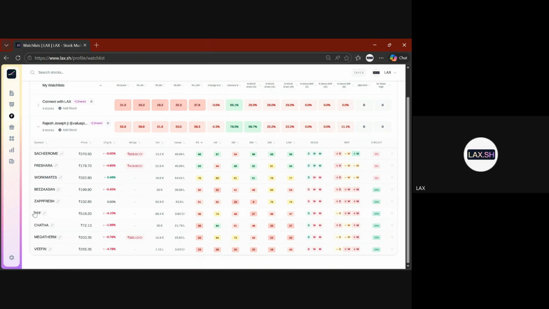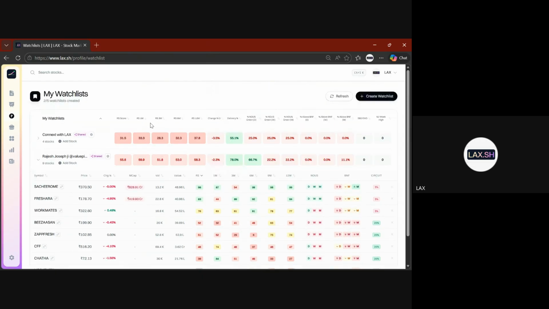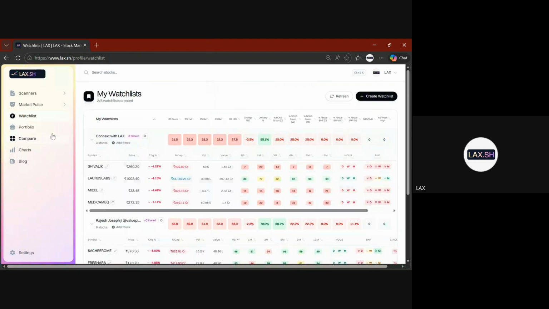CFF Fluid, a proxy of shipbuilding. Chata Foods, in meat and all that. Megathon, a really good business in induction and all, and then moving towards transformers. But guess what? The numbers are saying that it is bad right now. That is how it is.